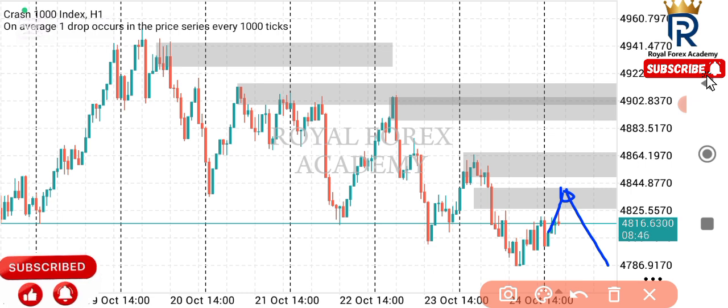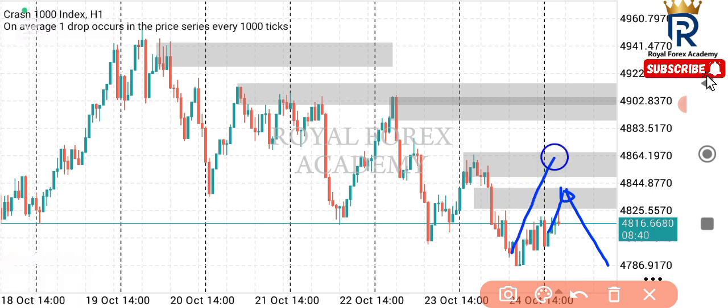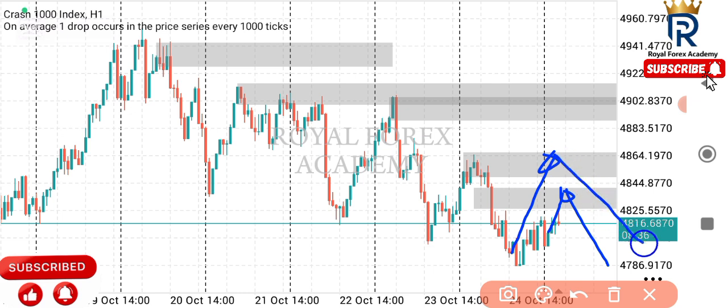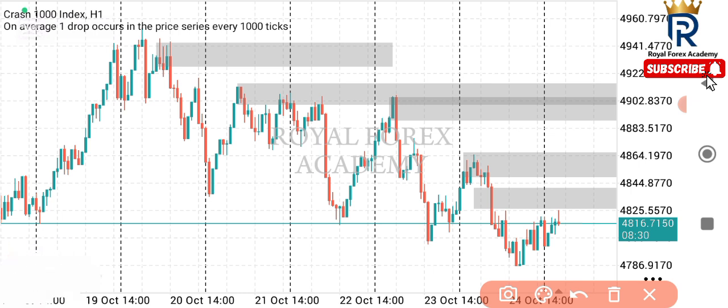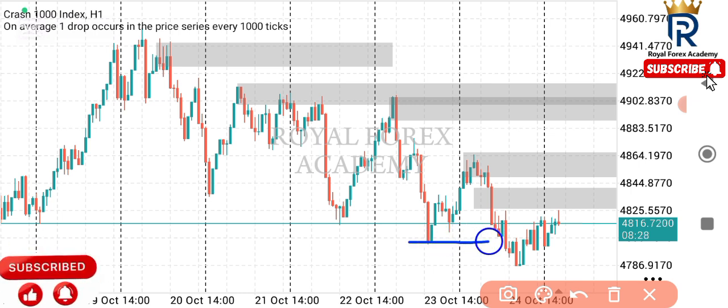That is one condition. Or price will break through it, pull into this order block here, and then sell back to the downside. However, remember we said we are considering liquidity. So the liquidity of this side has already been taken by this price that moved to the downside.